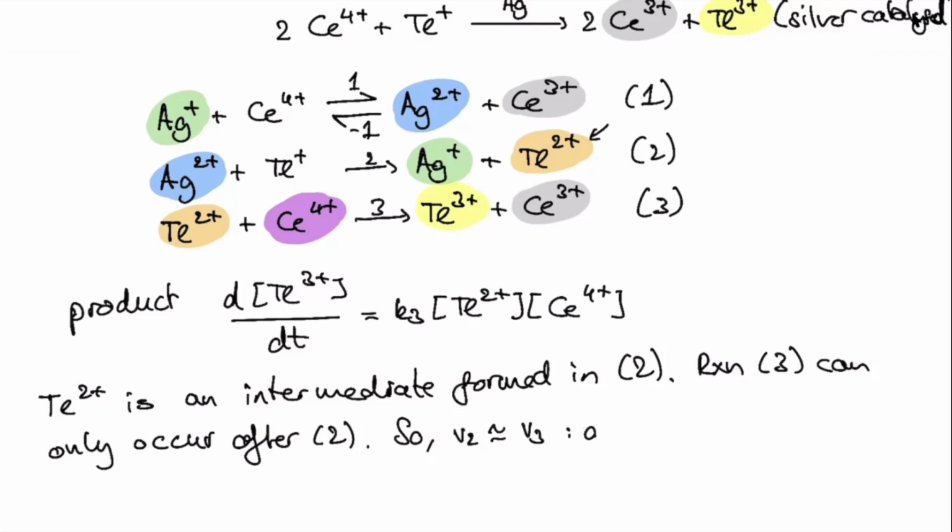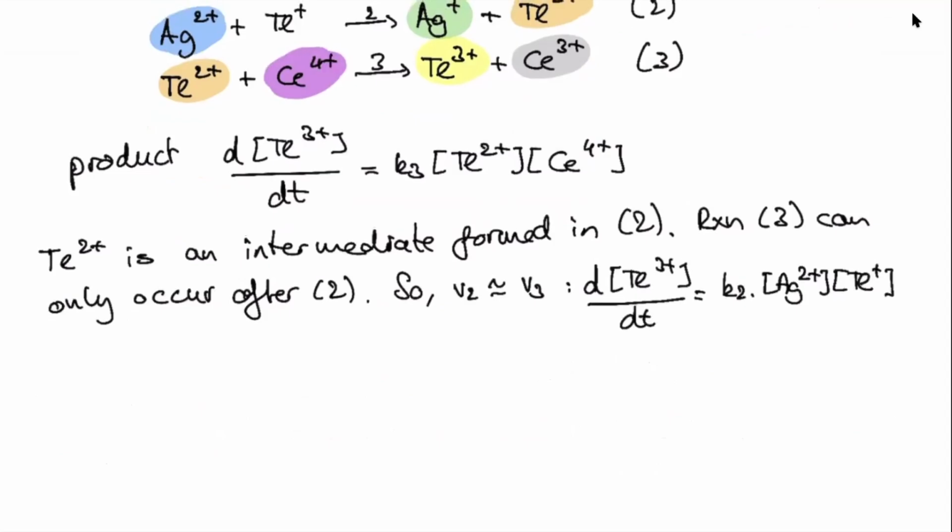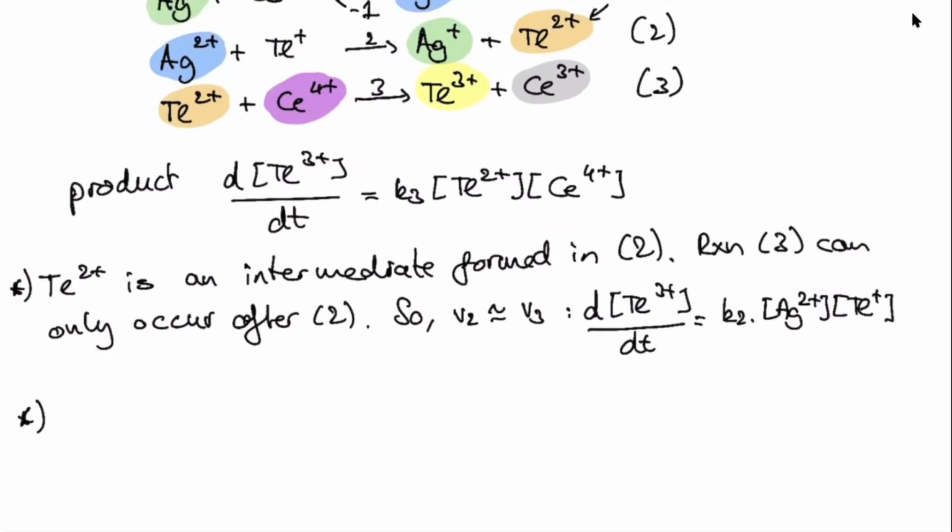So we can write d Tl3 plus dt is K2 times silver 2 plus times Tl plus. Okay. So also if we look, silver 2 plus is also an intermediate, right?